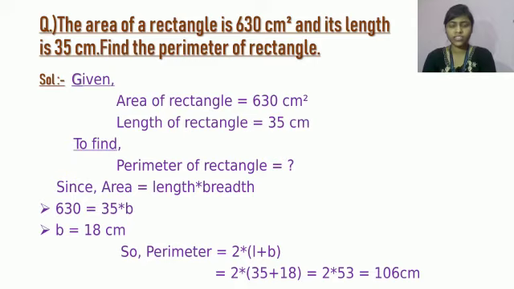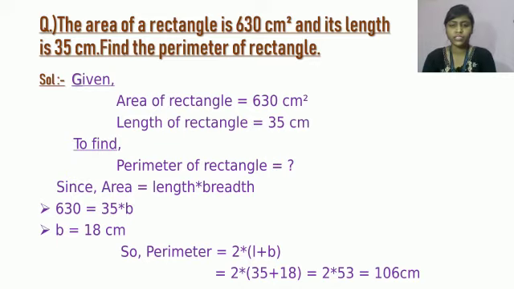So since its area is given, area is equal to length into breadth. That implies 630 is equal to 35 into breadth. That implies breadth is equal to 18 centimeter. So from here you can now calculate the perimeter as you have got the length and the breadth.